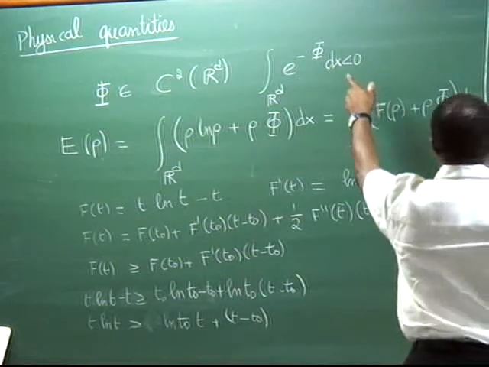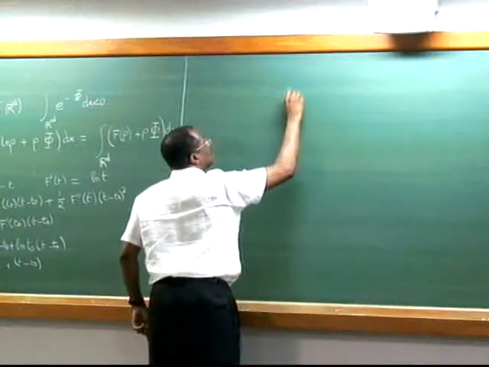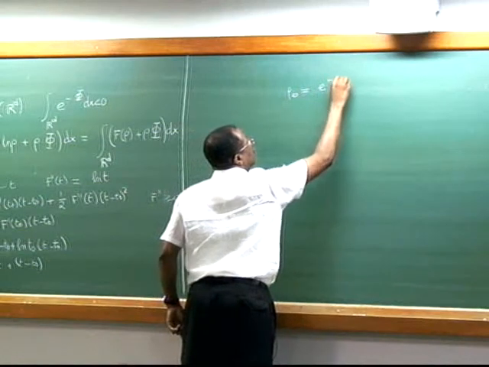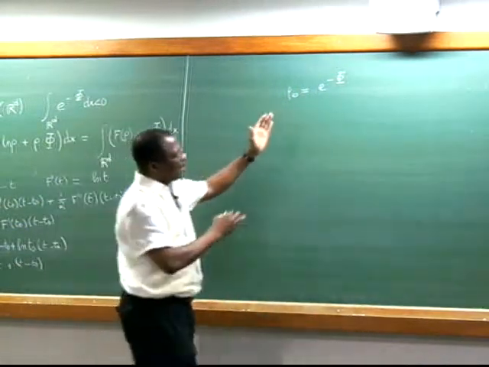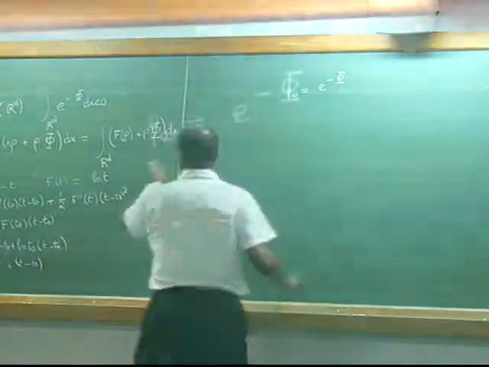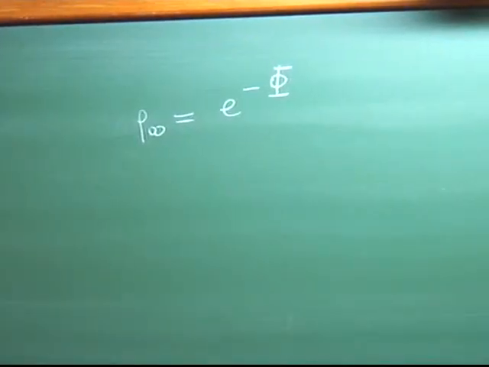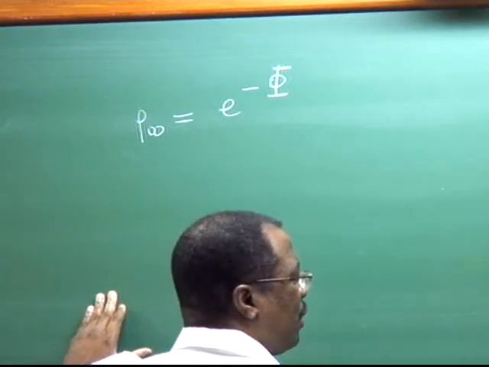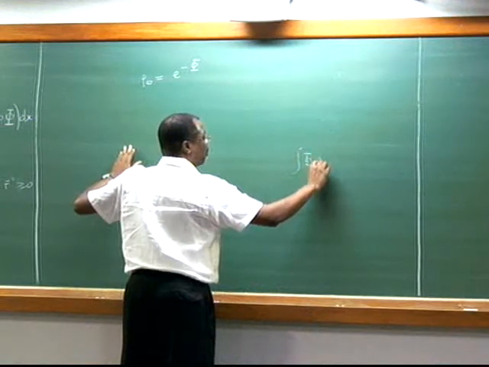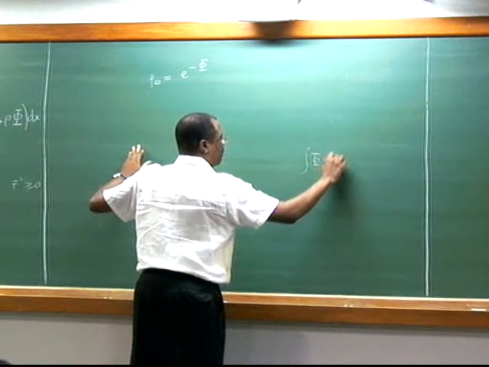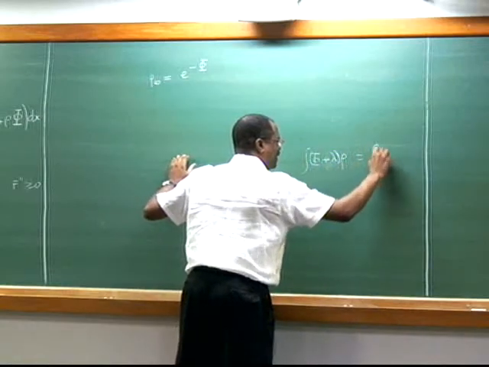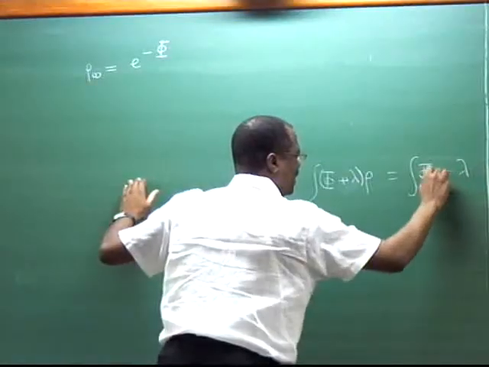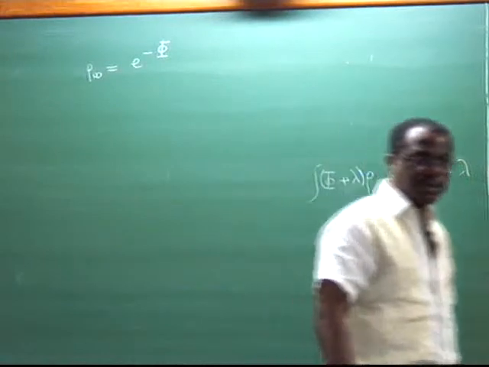So define rho infinity to be the exponential of negative phi, and add a constant. You see here, if I add a constant to phi, the integral of phi rho will become the integral of phi plus lambda, because the integral of rho is 1.